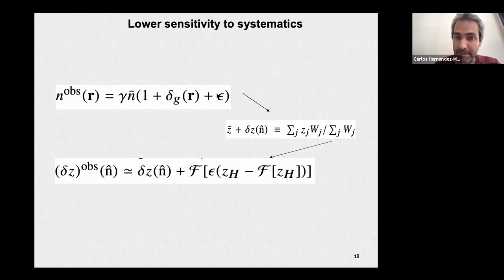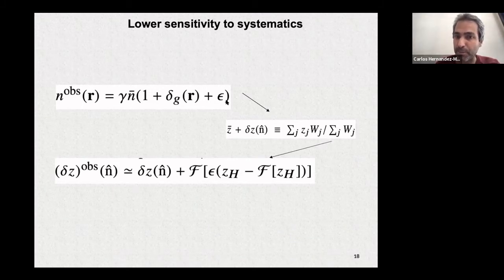These systematics, when you compute angular redshift fluctuations, because the way we're computing them, which is simply the average redshift of galaxies in a given pixel, we don't care so much. We don't care at all if we're missing 20, 30, or 50% of the sources, because what we care about is the average redshift of those galaxies that are falling into a given pixel.